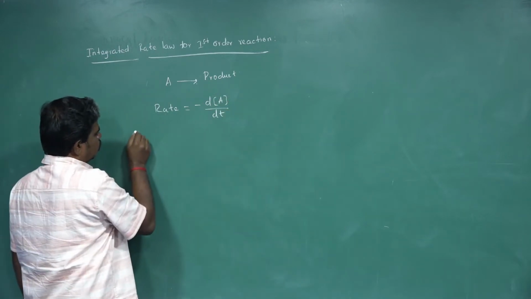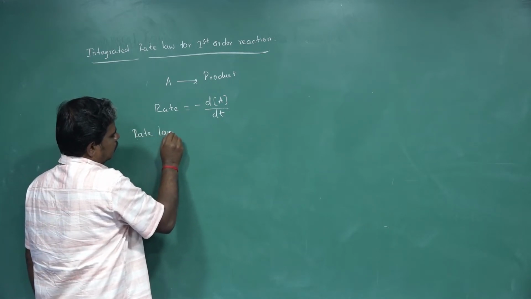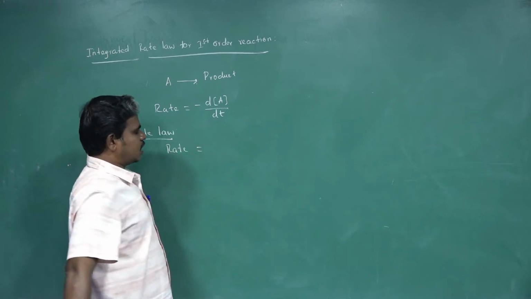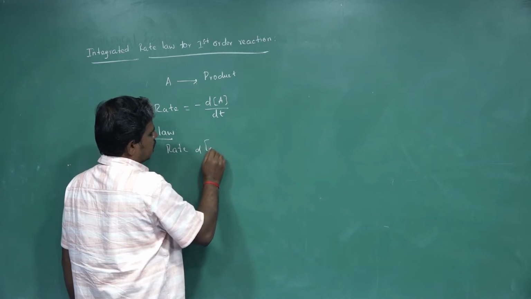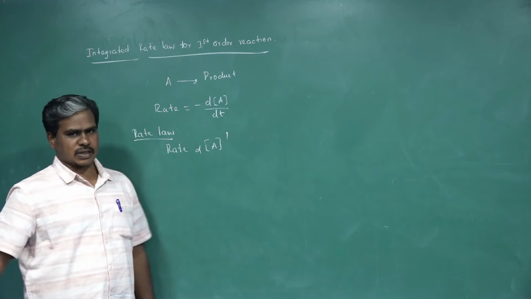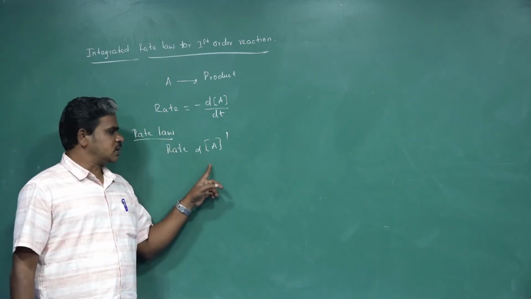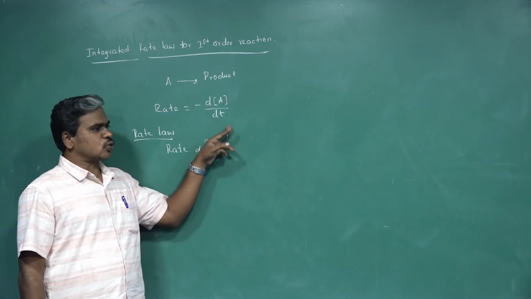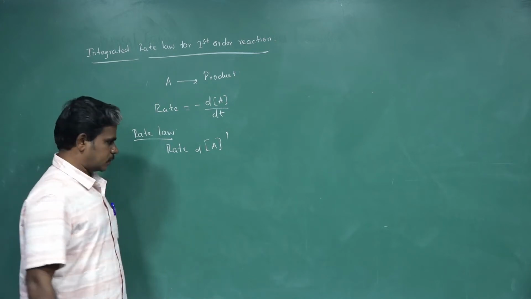According to the rate law, the rate is directly proportional to the concentration of A power 1, and it is a first order reaction. The rate of the reaction depends on the concentration of A raised to the power of 1, which is known as first order reaction.